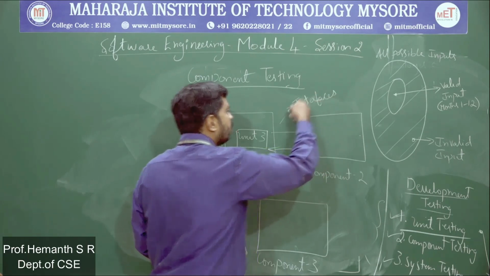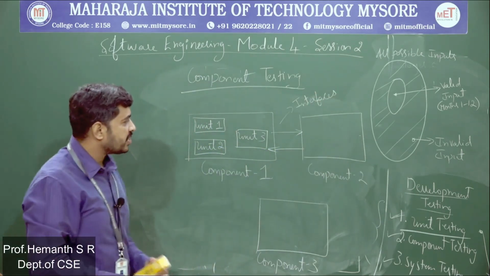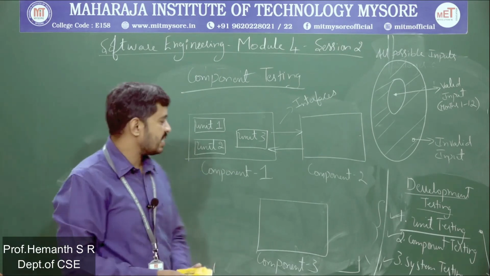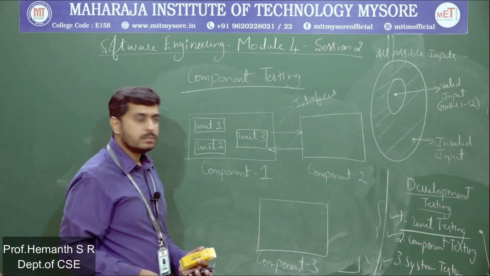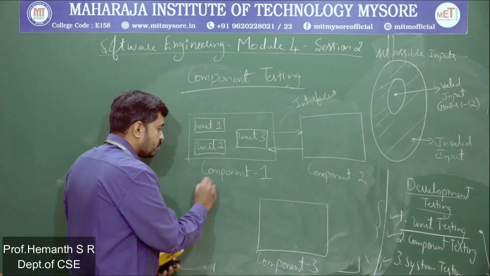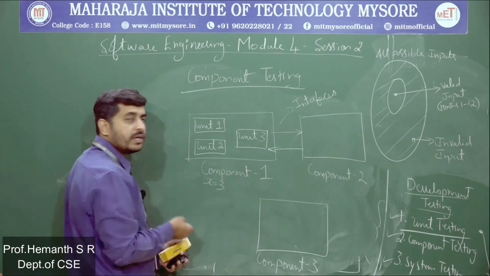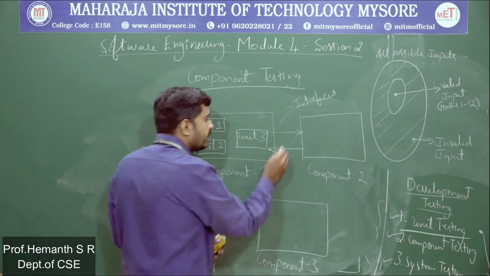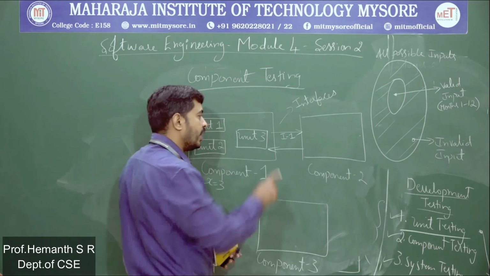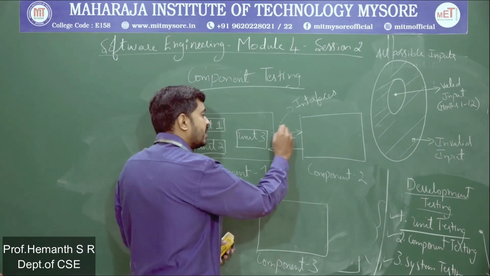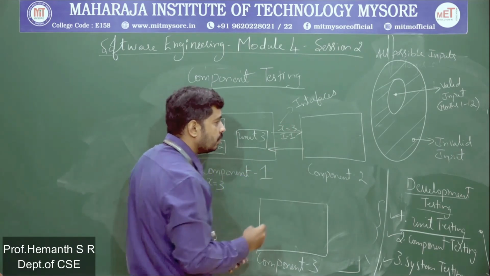Interfaces are typically communication points between the components. For example, if component 1 wants to send data to component 2, say x equal to 3, it will use this interface. I'll call it interface 1, I1. So I1 will be used and it will send the value x equal to 3.